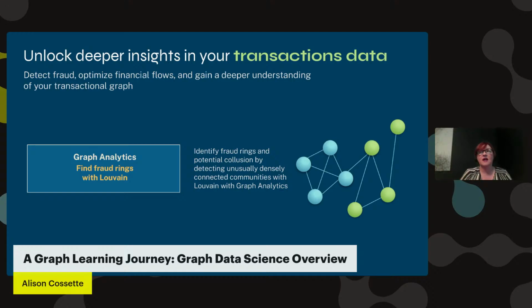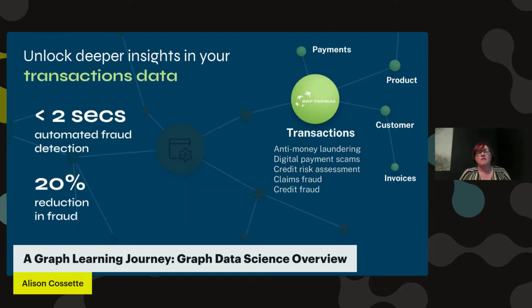There's a lot of different people that are sending to the same address. So there's lots of different ways that you can use the activity and not just the attributes to really expand and find these clusters and these rings. Again, we have an example here where they were able to check fraud and get fraud detection in less than 2 seconds. They were able to reduce fraud overall by 20%.